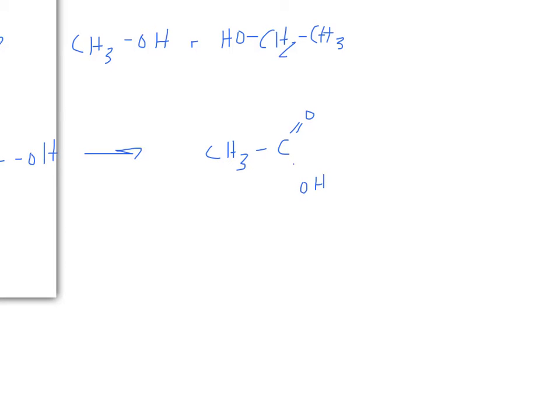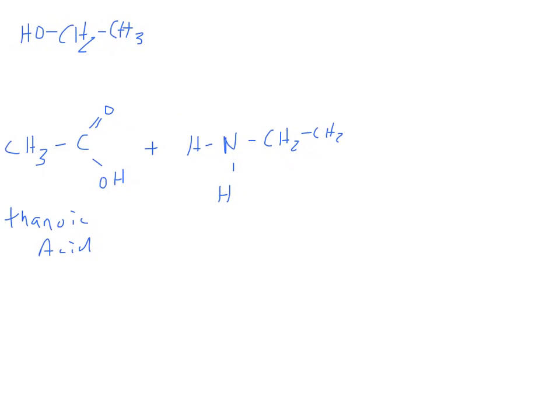This gives me ethanoic acid as my first product, and butan-1-amine as my second product.